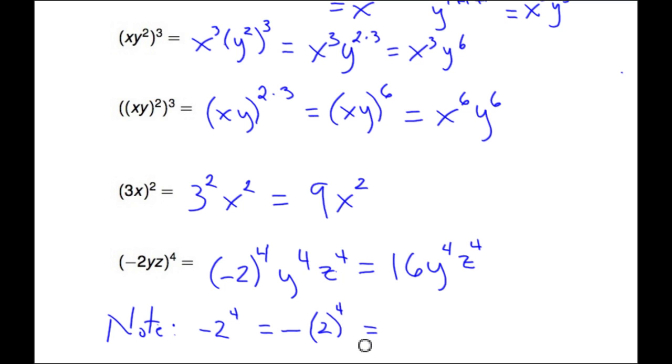So just like here, there's a difference between xy squared and xy all squared, there's a difference between -2 to the 4th and -2 all to the 4th. So watch your negatives and your parentheses when you're dealing with these problems. -2 to the 4th is not the same as -2 all to the 4th. So that's an important distinction.